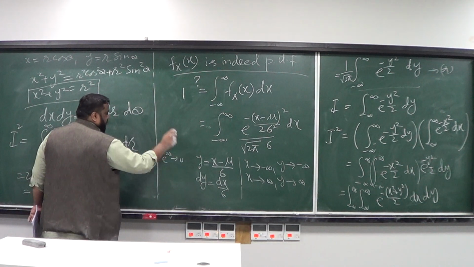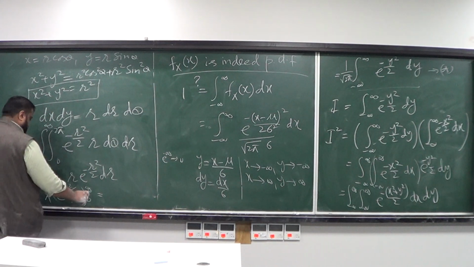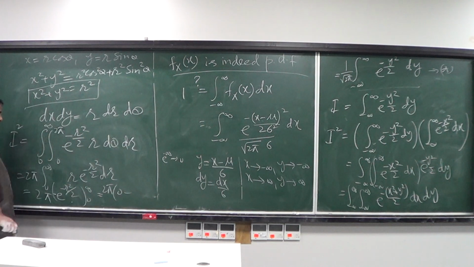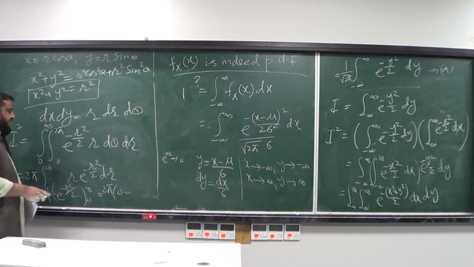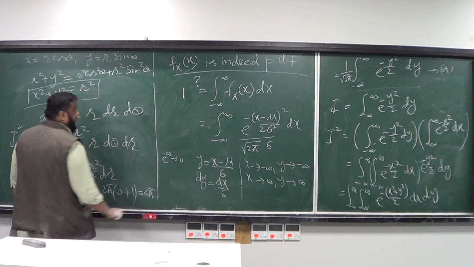So that kind of goes to 0, and so you have a 2 pi 0 minus, और अगर 0 substitute कर दें r की जगह, so you're gonna get minus e to the 0, so you're gonna get what we call plus 1. So the answer is pi.